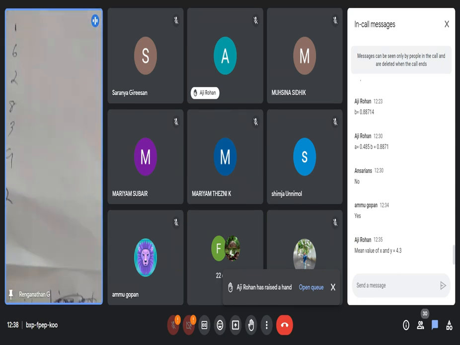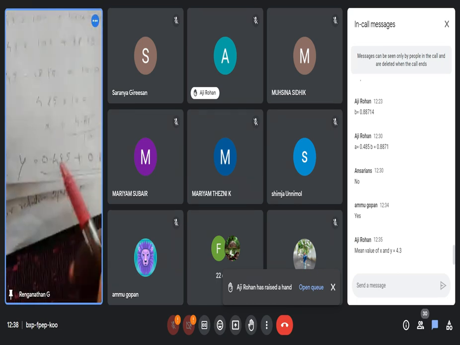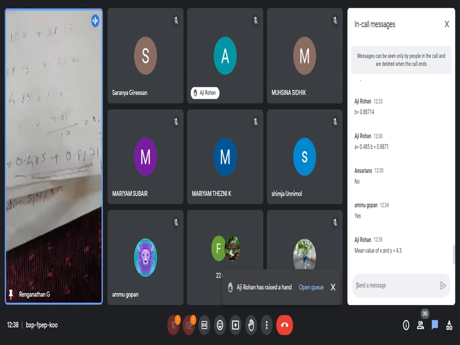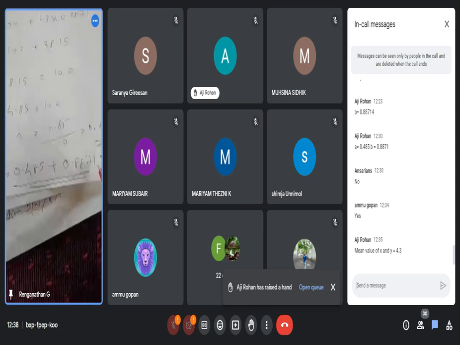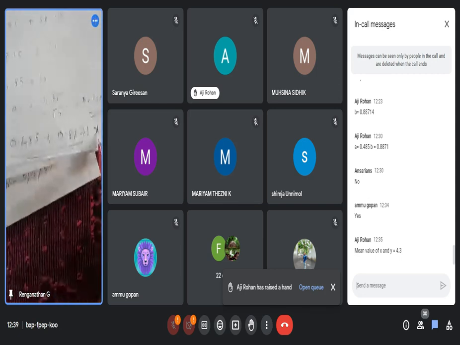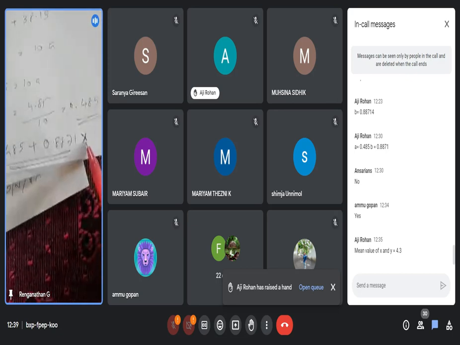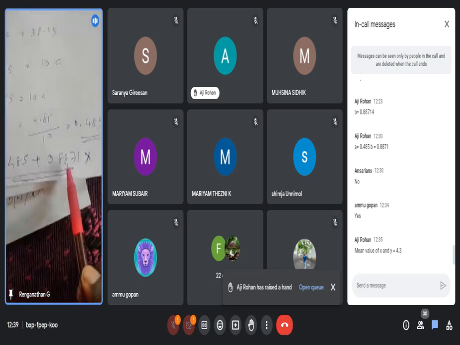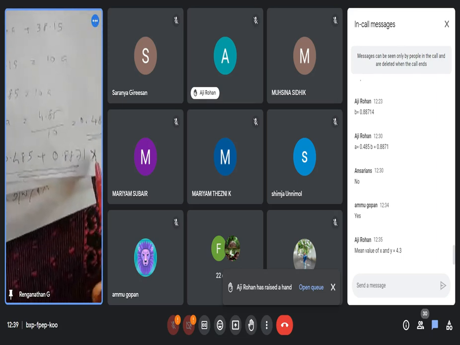So what you have to do is, in the first case, 0.485 plus 0.8871 into 4. That 4 is the first value of x, isn't it? We are replacing the value of x here. Then similarly, 0.485 plus 0.8871 into 9.